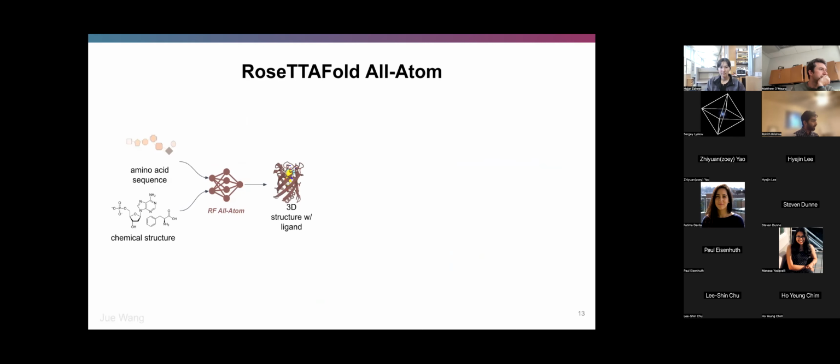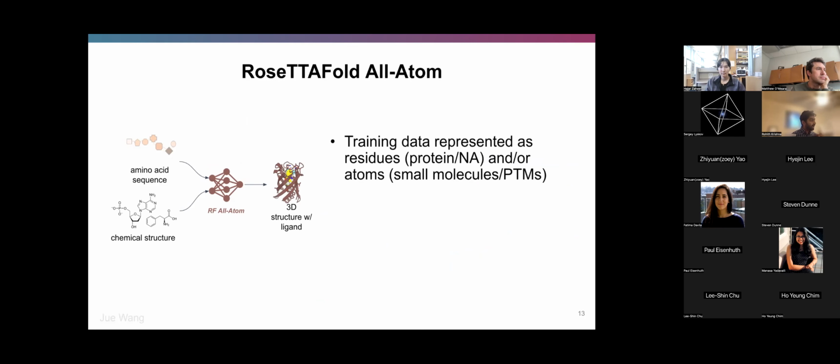And so we went about creating this new architecture where you provide both an amino acid sequence and chemical structure. So just the 2D base chemical structure, so no privileged structural conformation information. And then now you can expand your training data. So instead of just having protein residues, you can have protein residues or nucleic acid bases, as was shown in RoseTTAFold nucleic acid.